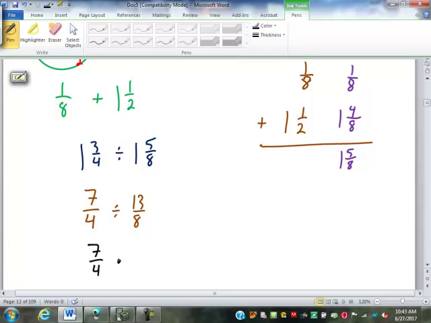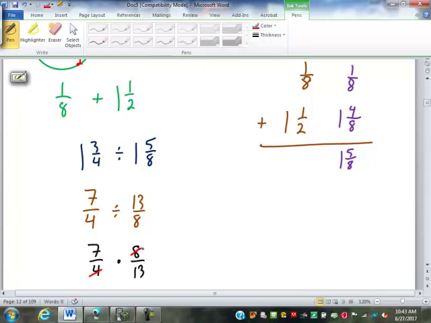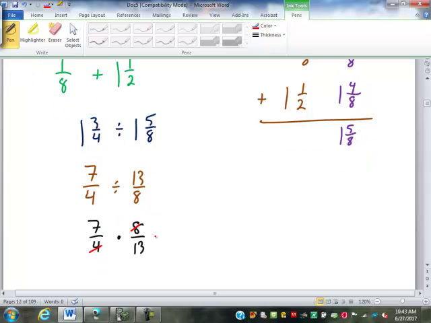We change it to multiplication, so 13/8 will become 8/13. 4 and 8 both divide by 4. Give me 1 and 2. 7 times 2 is 14. 1 times 13 is 13. So it's 14/13, or 1 and 1/13.